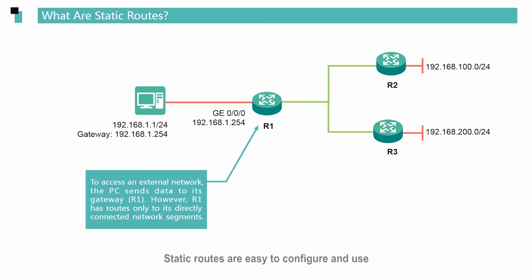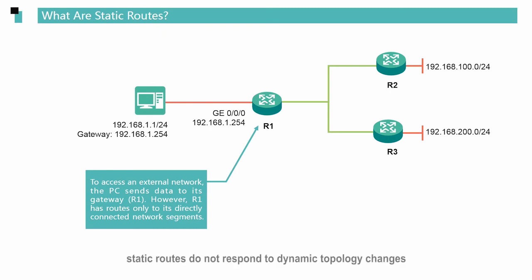Static routes are easy to configure and use. However, each network segment requires one static route. If a large number of network segments exist, the workload of configuring static routes is extremely heavy. Because of this, static routes are usually used on small networks.